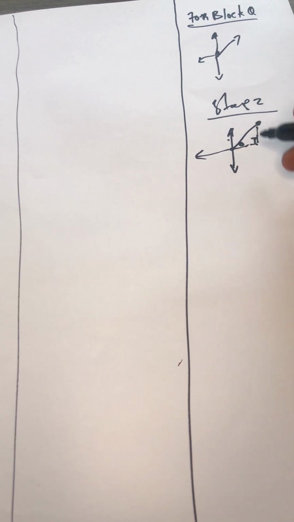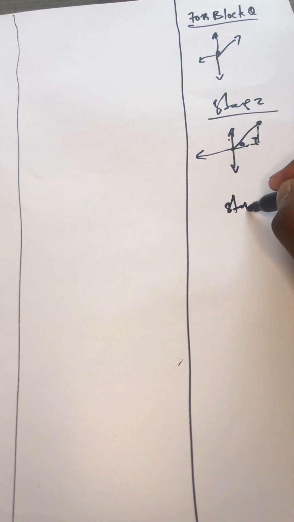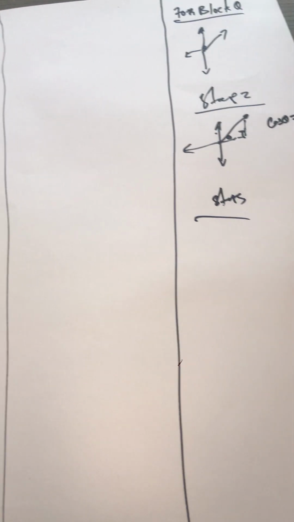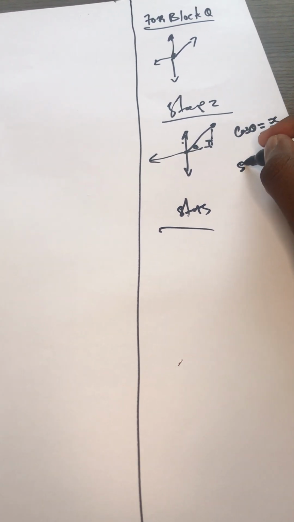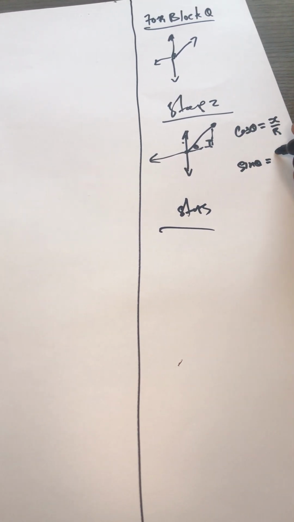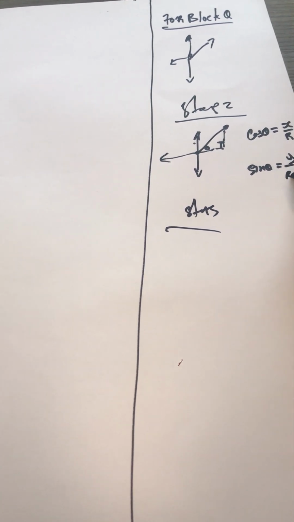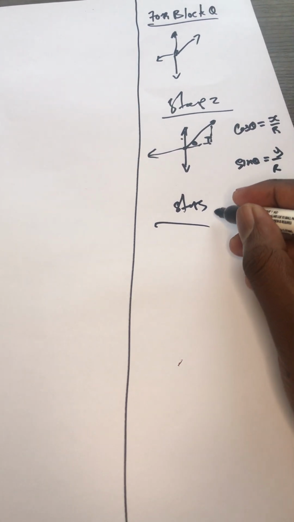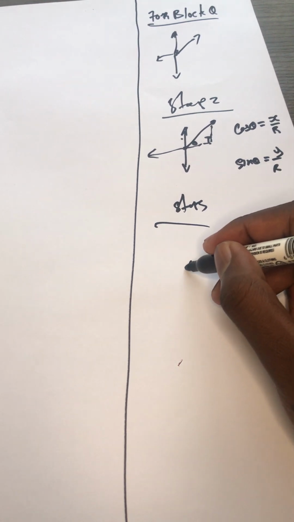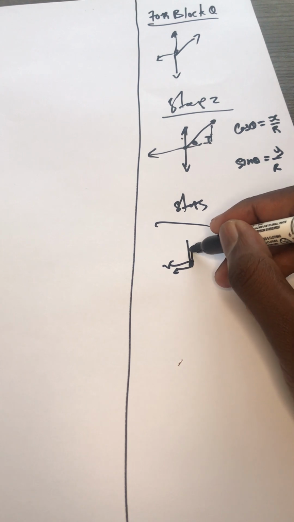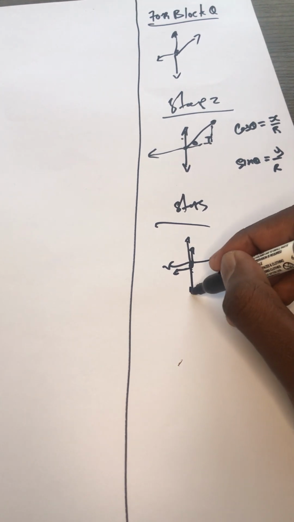Always put the angle out. Then step 3, you write your components. Always write your components before you proceed. Then write only the components.